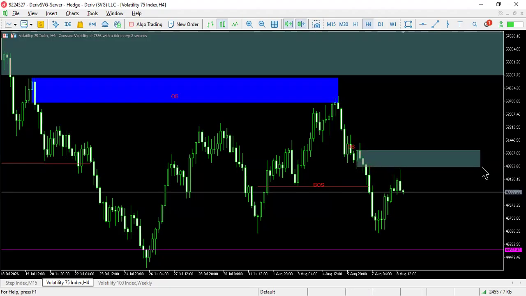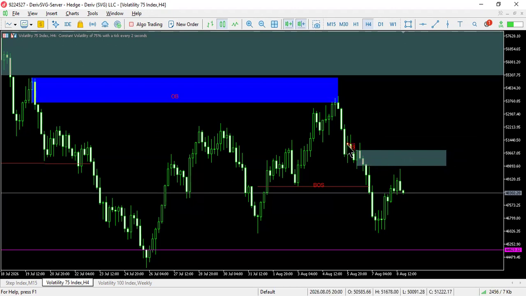It is that order block right there from the daily time frame.